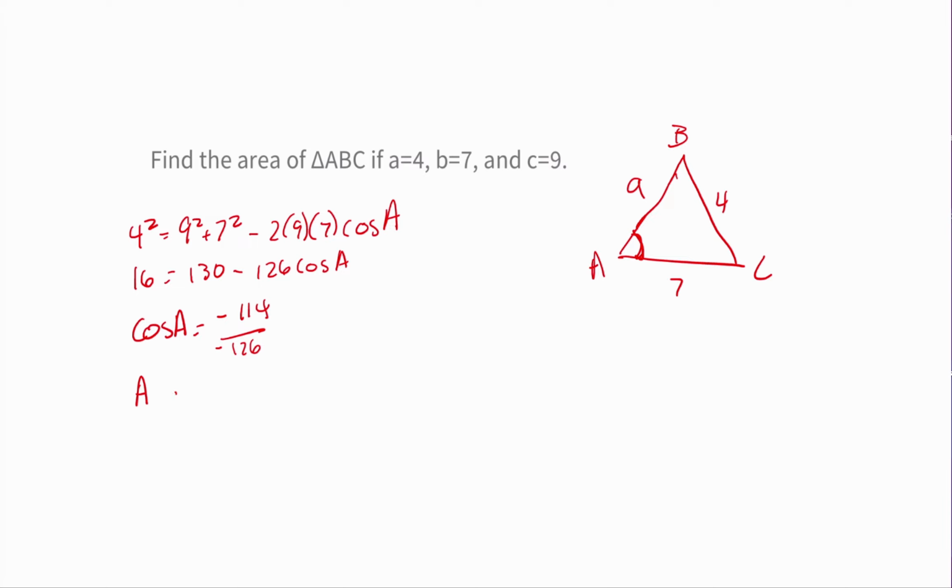So A is going to be the inverse cosine of 114 over 126, which ends up being 25.2 degrees.